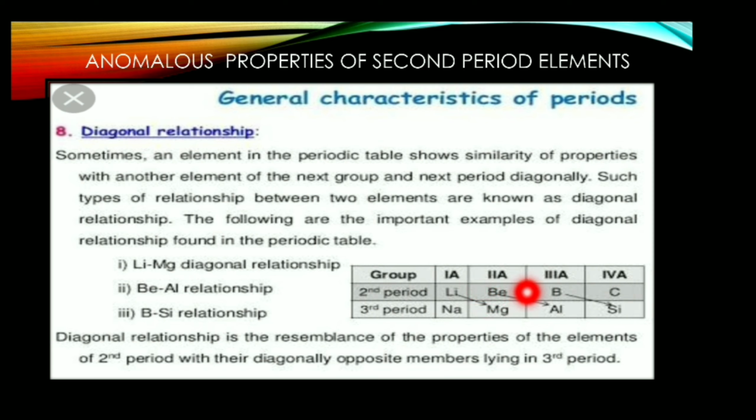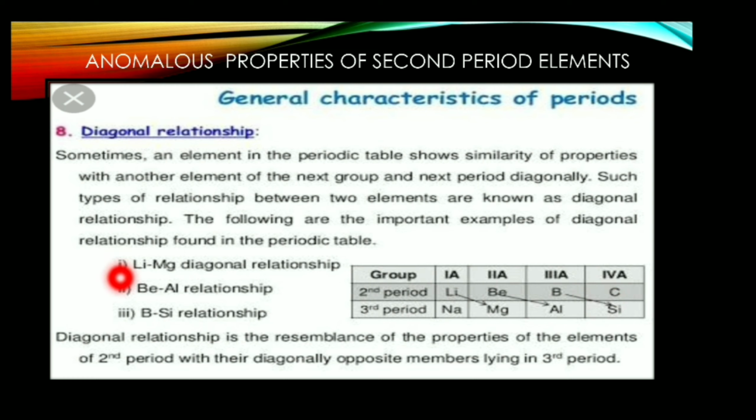Aluminium shows properties similar to beryllium. Silicon shows properties similar to boron. These diagonal elements show similar properties, similarities with the element of the next group and next period diagonally. That is called the diagonal relationship.